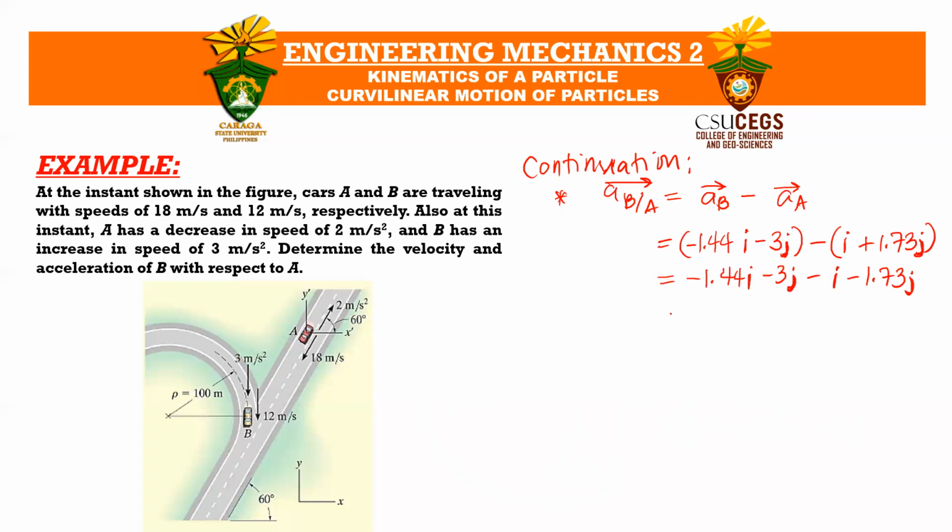So you just combine the like terms, the terms with the same variables i and j. For the i, that would be negative 1.44 and negative 1. And for the j, that would be negative 3 and minus 1.73.